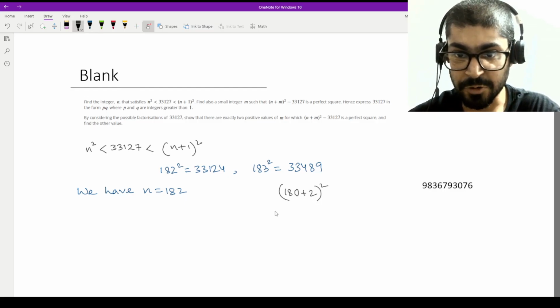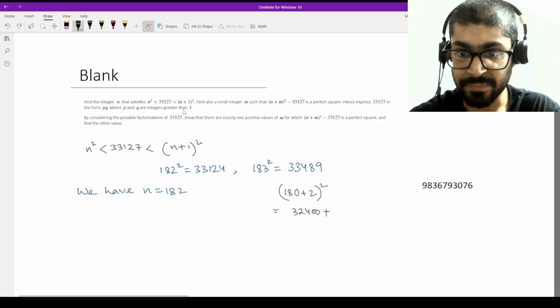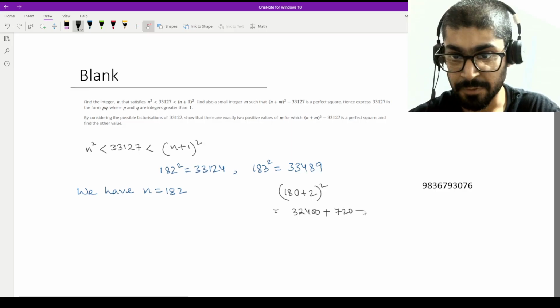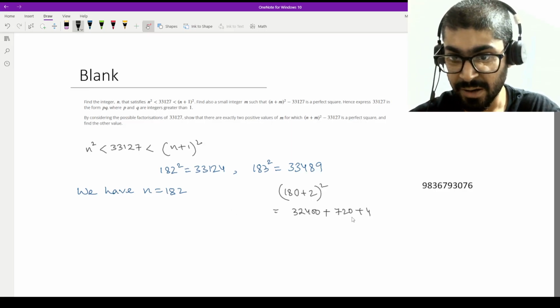Use the (a plus b) whole square technique, that would give you a square, which is 32,400, plus 2ab, right? So this will be 360. Okay, 2ab, so this will be 720, plus 4, right?